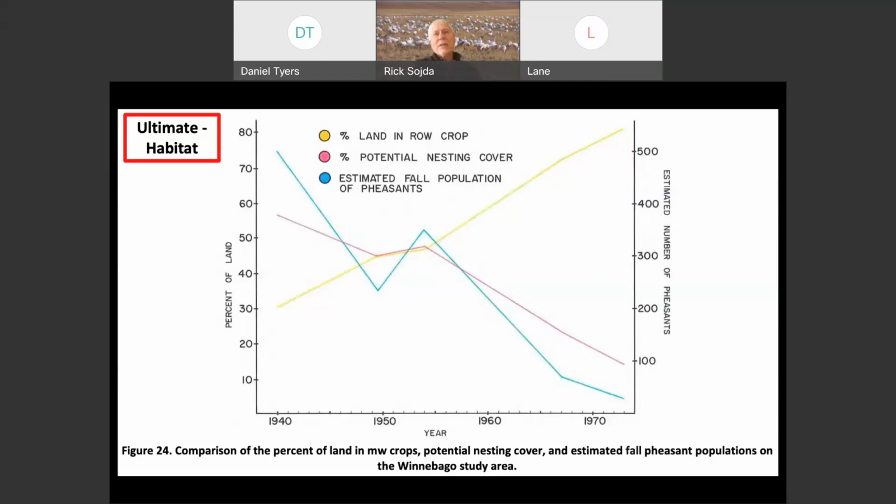Of course, what was happening is they were plowing up grass and pasture and nesting cover, and not growing oats anymore for horses, and putting it all into corn and soybeans. In the process, as you can see from this graph, the fall population of pheasants just plummeted. This is a classic case of showing that the ultimate cause of sustaining pheasant numbers is habitat.